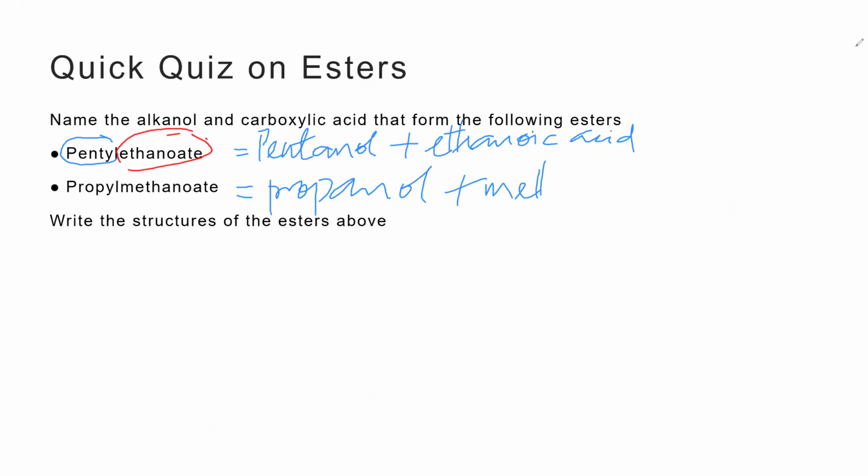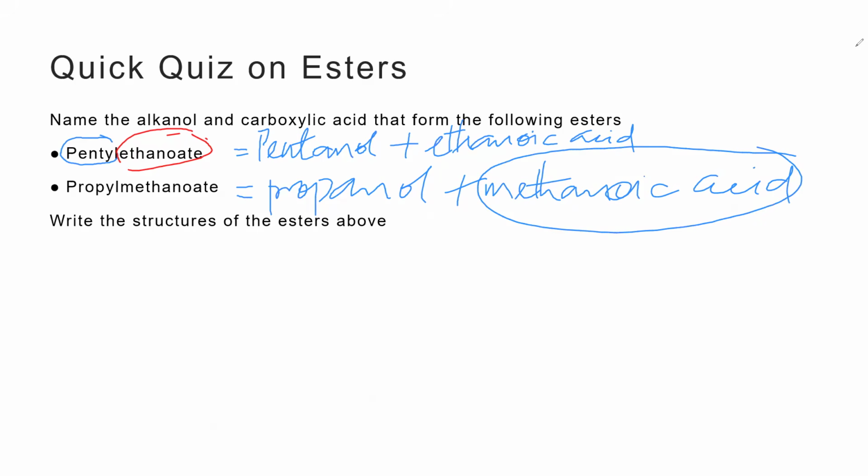Who can tell me the natural source of methanoic acid? Any ideas? Okay, methanoic acid is from bee sting. When bees or even ants sting, they actually inject this acid into your body. Is that clear?